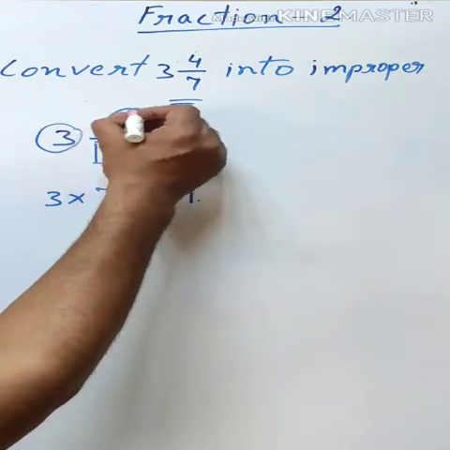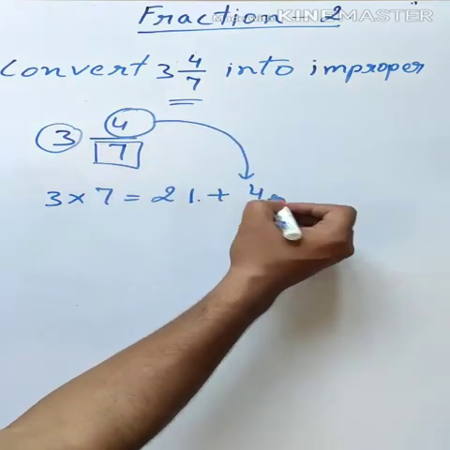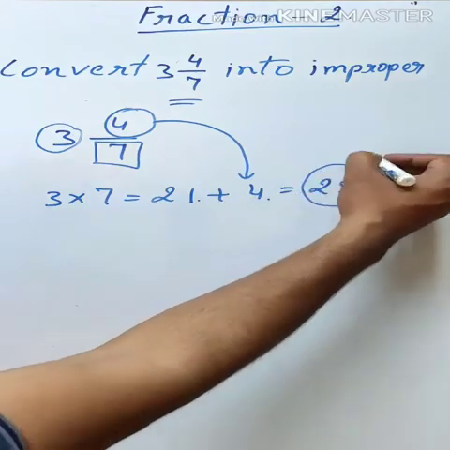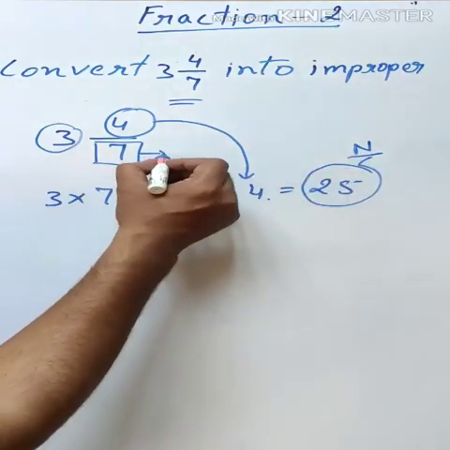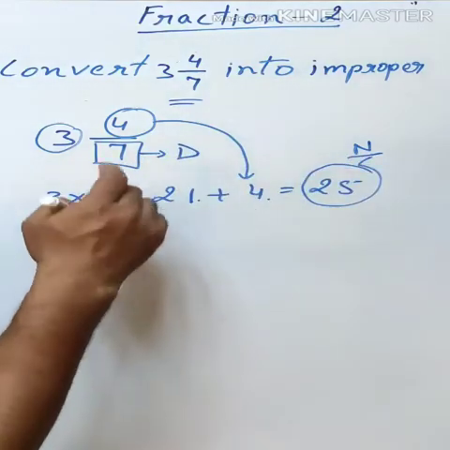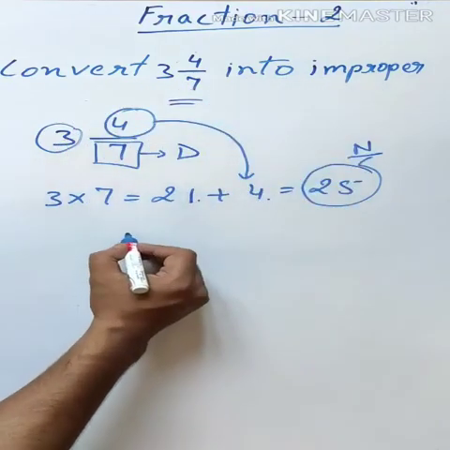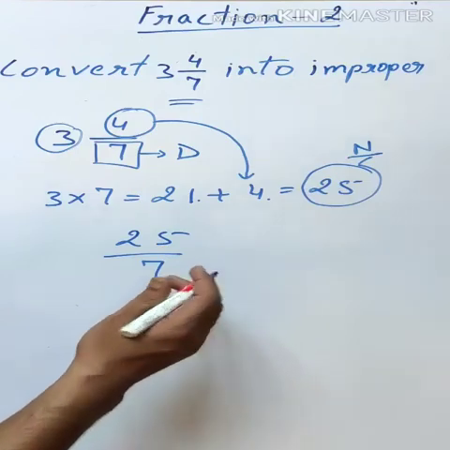And this remainder is added here. So plus 4, that is 25. This answer becomes the numerator and this is the denominator. So we have to convert this mixed fraction into improper form. So we write it like this, 25 upon 7. This is the answer.